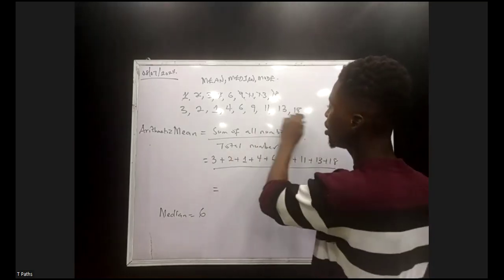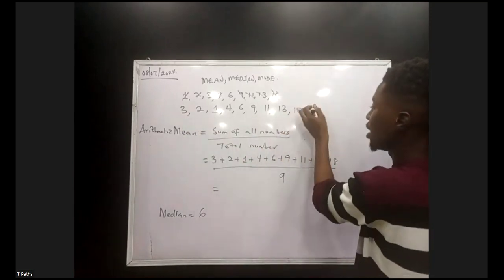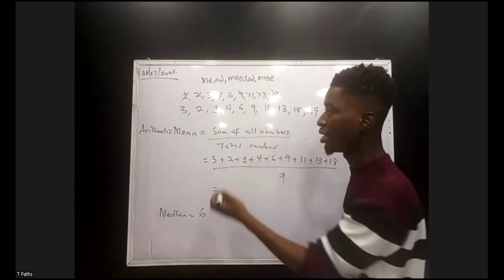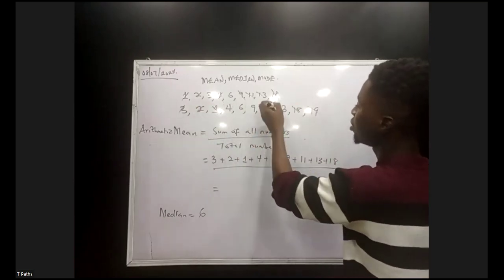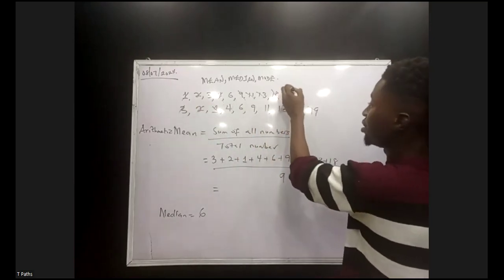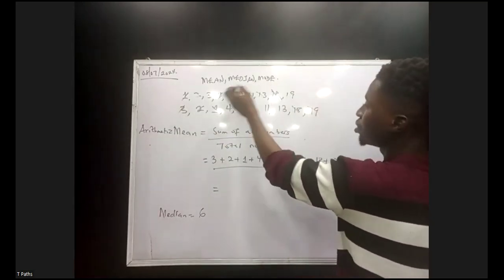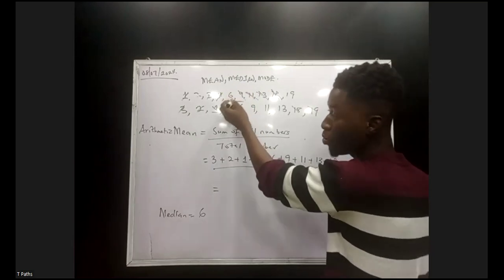Now, let me tell you guys one thing. If the total numbers here are 10 instead of 9, let's assume I have one more number, 19, and I'm asked to calculate the median. After arranging it, we start canceling out 1, cancel out 2, cancel out 3, 4. I'm left with 2 numbers, right?